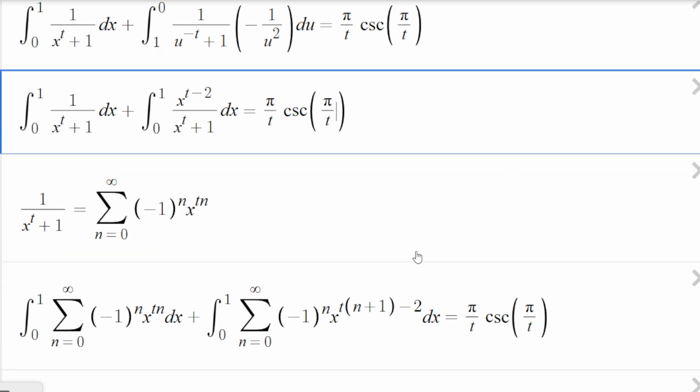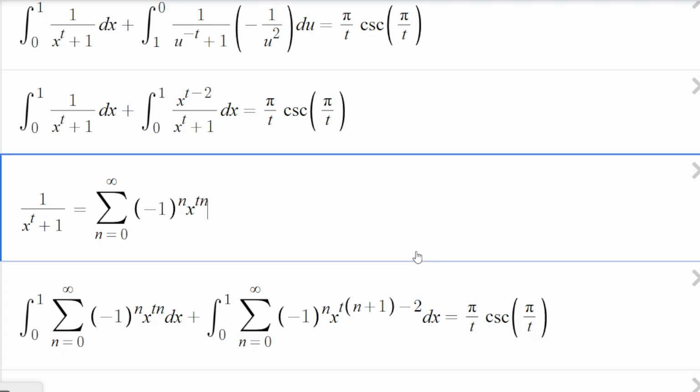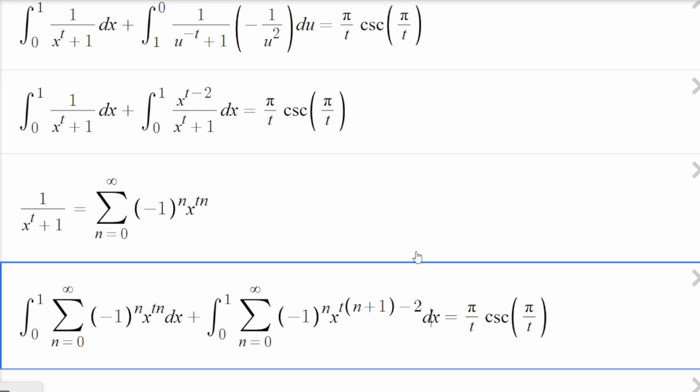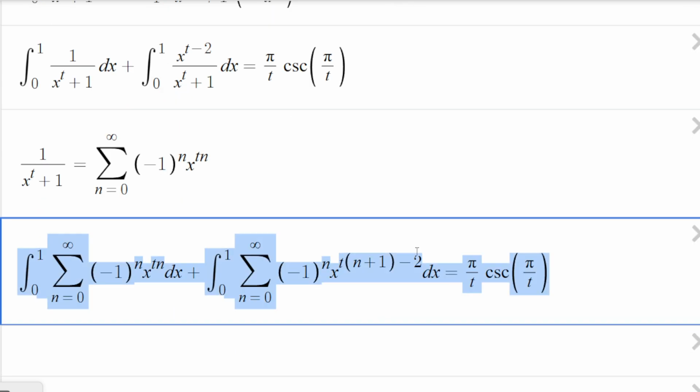You'll notice I replaced 1 over x to the t plus 1 in both integrands with its equivalent sum. And in the second sum, I brought this inside the sum since it does not depend on n. And then did a little bit of simplification to end up with this.